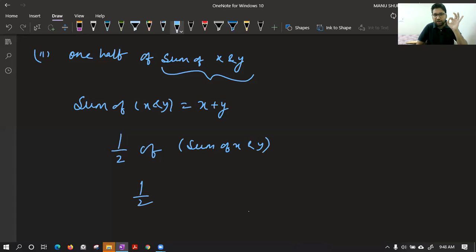That is one half of (x plus y). If you don't put the bracket, it is totally wrong. Karnik, you have done the mistake, beta. If you want to write like that, always write (x plus y) in bracket upon 2. Mathematics is a language. If you say like that, it will be wrong.